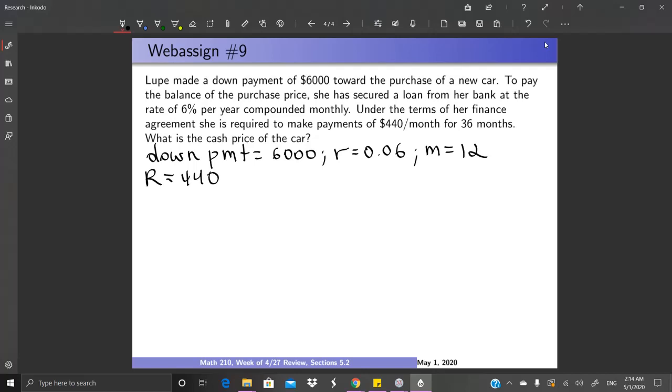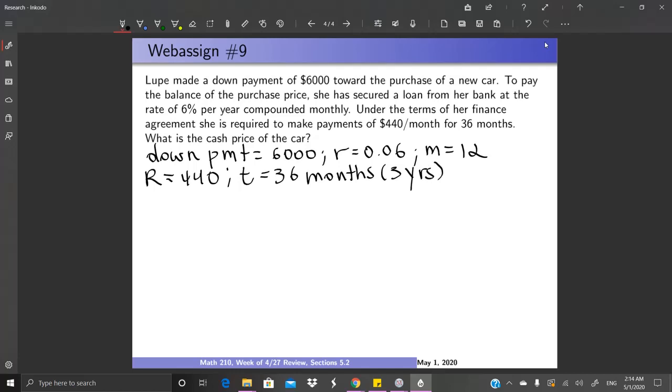Well, 36 months would be the value of N in the version of the formula for this. But the way I want to write this is T is equal to 36 months. Because I like to keep T in years, because that's standard, we'll say that's 3 years.